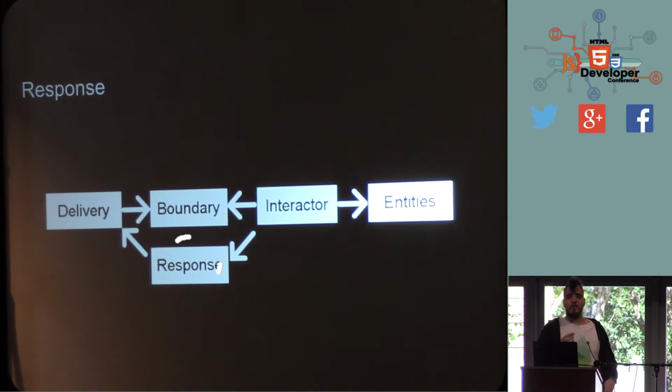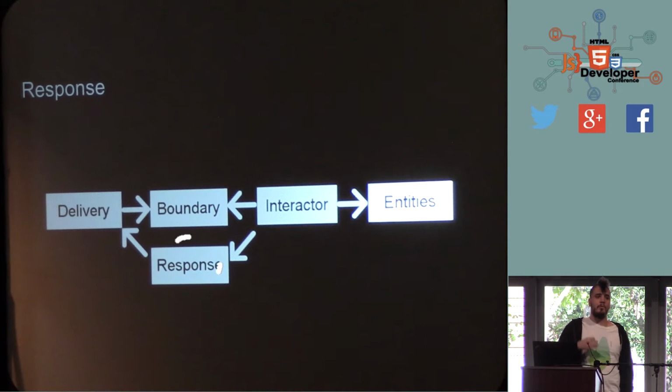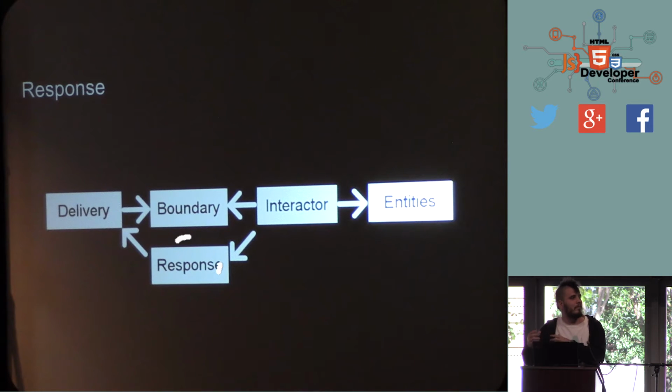So again, it's a really simple data structure that would describe, okay, the UI should do this. And we will pass it to the Angular part, and it would create all the necessary changes.